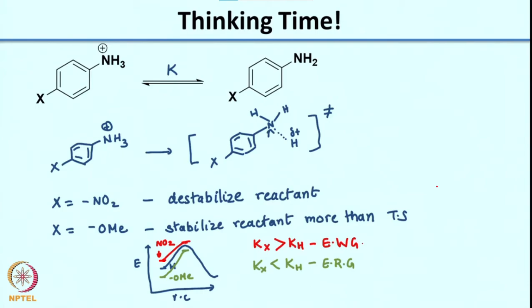So what will be the graph here? Anyone can predict? Here we have 0, electron withdrawing group, electron releasing group.